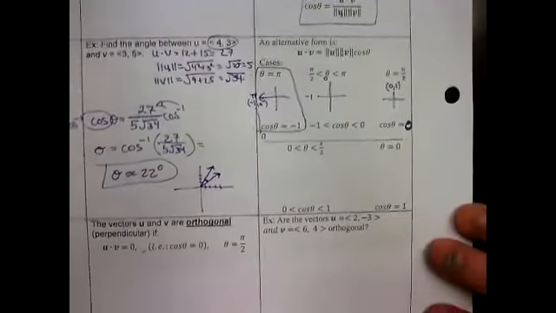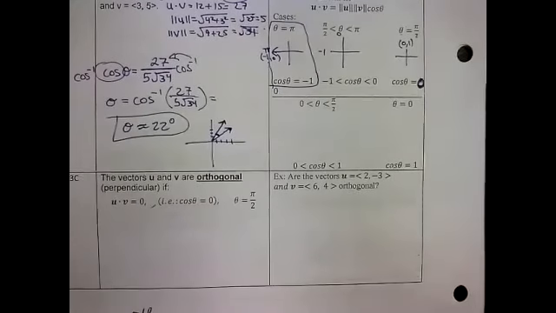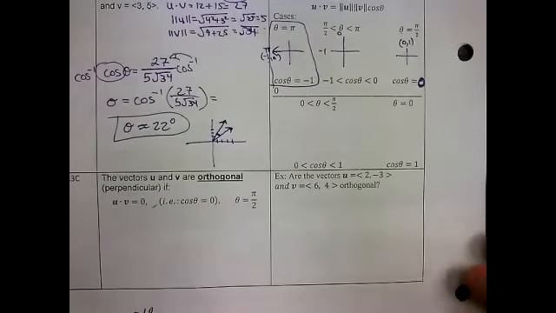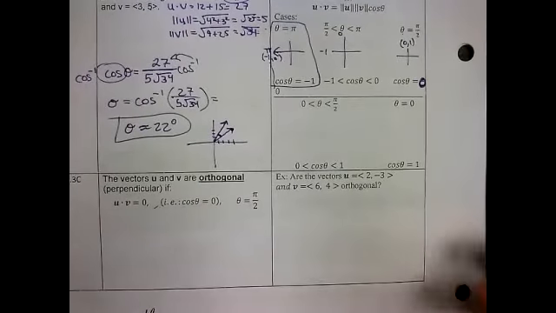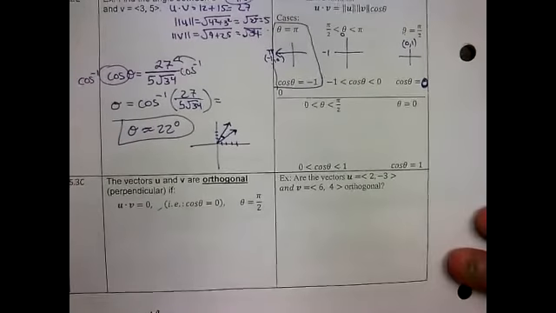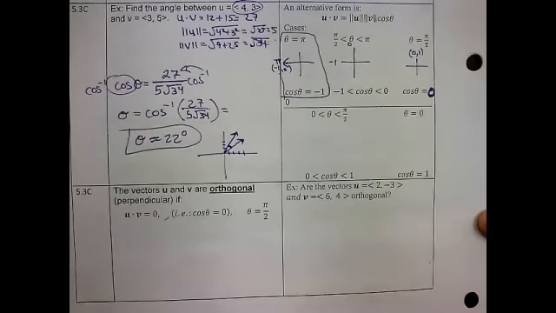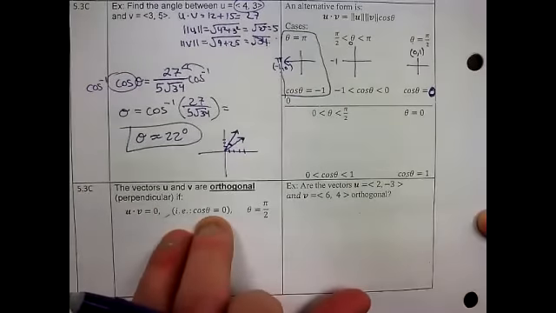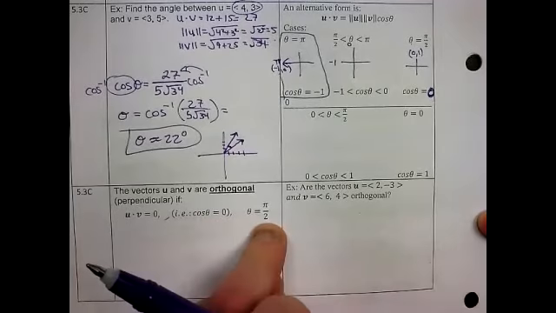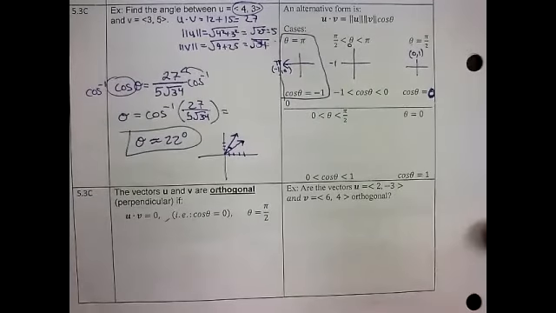One thing we want to look at is when vectors are orthogonal. Orthogonal means the same thing as perpendicular, so make sure you remember that. That happens only if cosine of theta equals 0 and theta equals pi over 2, which is a 90-degree angle.